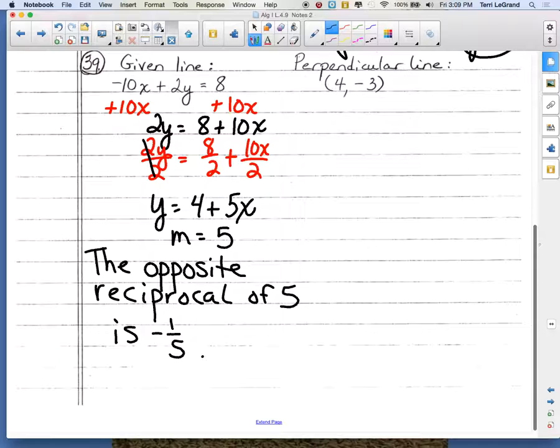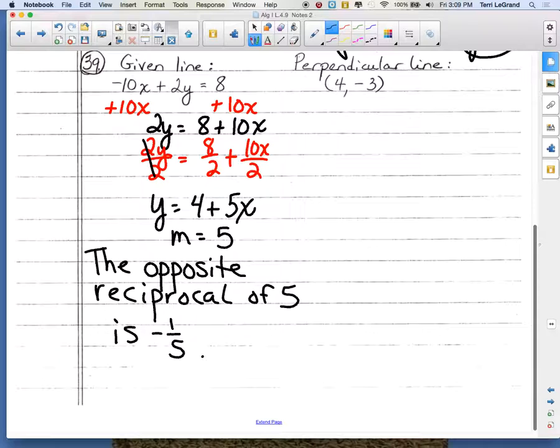No. If this had turned out to be a negative 5 slope, then this would have been a positive 1/5, wouldn't it have? So we have to be careful. We have to say, okay, first of all, just look at the number part without its sign and say, what is your reciprocal? And then if that one is negative, the new one will be positive. If it's positive, the other one will be negative.